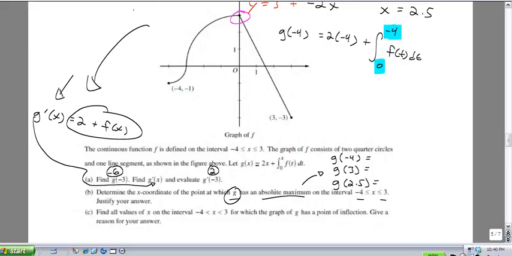You're probably thinking, oh, well, that's this stuff, and it's this stuff. Yeah, but if you're integrating from 0 to negative 4, the stuff above the x-axis is going to be negative, and below is going to be positive. So you need to determine the area of the orange stuff. I know that's going to be negative because I'm going to the left.